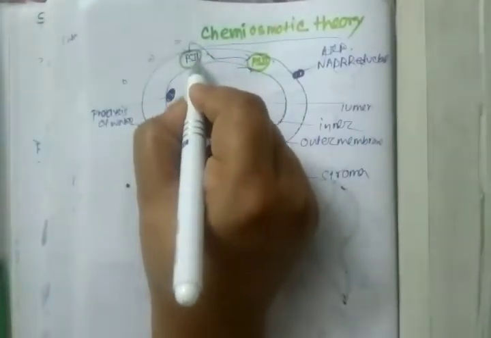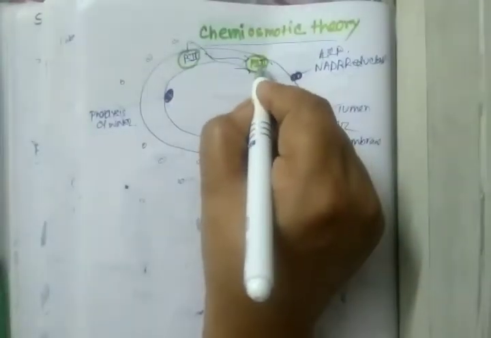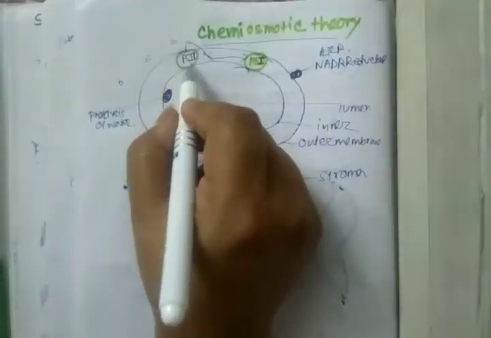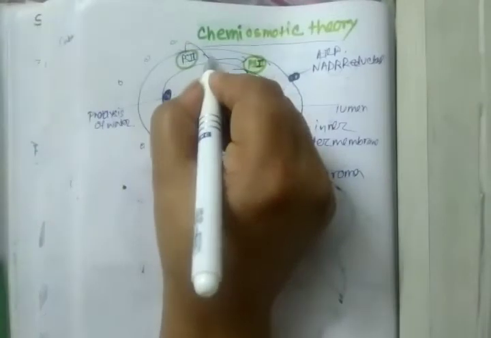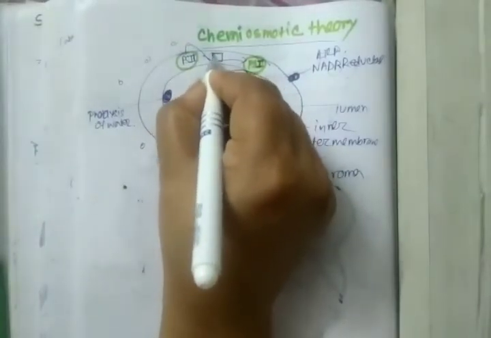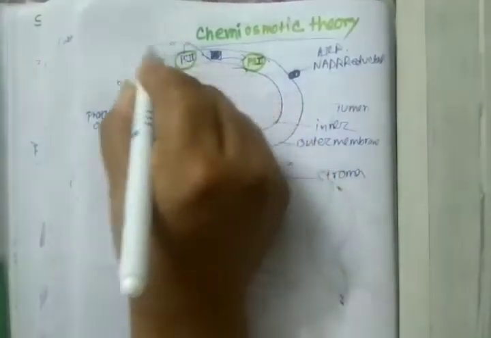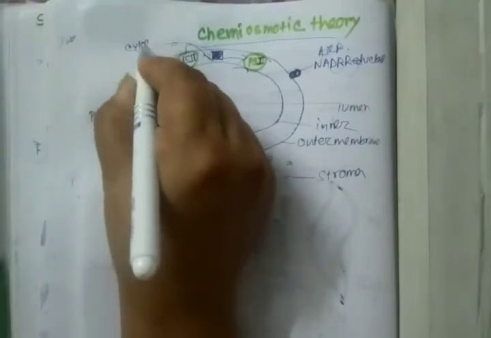Sorry, this is PS2 and this is PS1. The electron will be going from PS2 to PS1. So say this is a cytochrome. So this is a cytochrome.